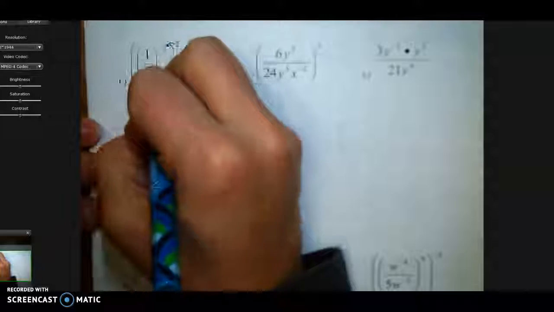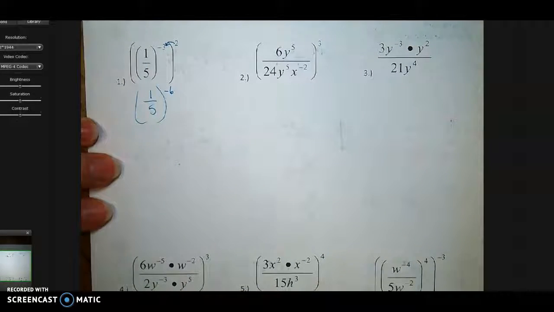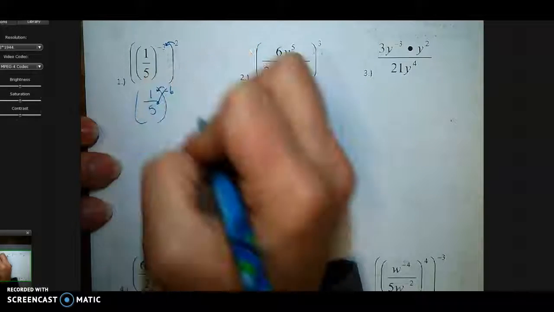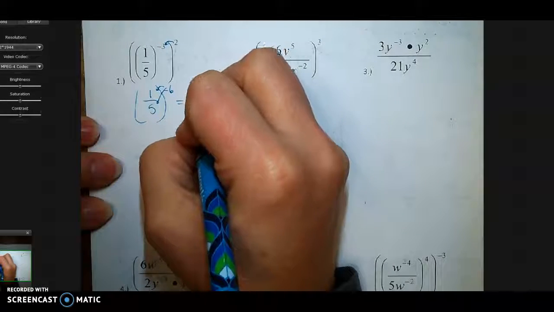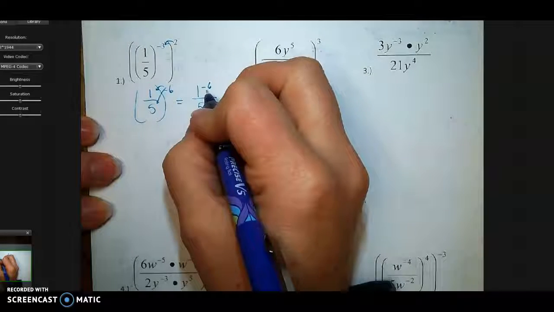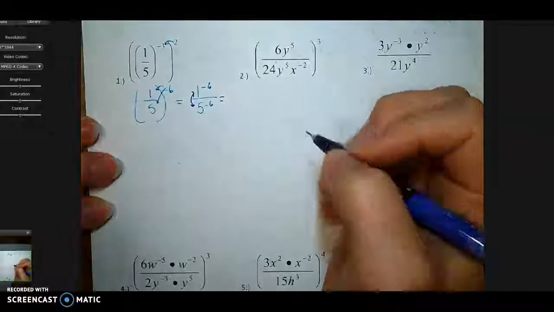So I get 1/5 to the negative 6. So I'm going to pass out that negative 6. So I get 1 to the negative 6 over 5 to the negative 6. That's negative and that's positive, so I'm just going to flip-flop them.